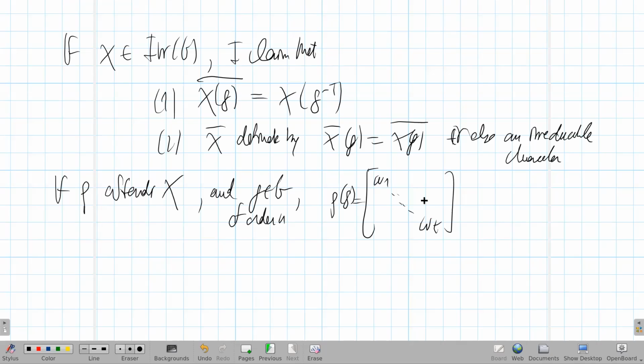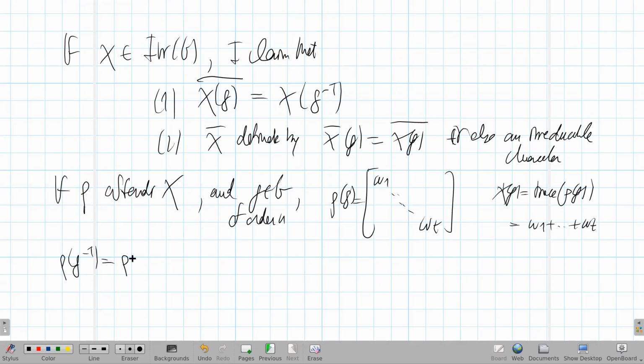Not a scalar form in general, of course, just a diagonal form, because of the reasons that we had discussed several times during the course. And so of course, the character of g will be the trace of rho of g, which is omega 1 plus ... plus omega t. Okay? Now, what's rho of g inverse?